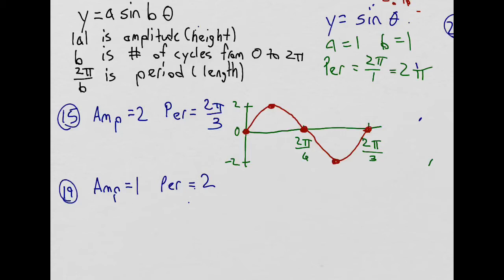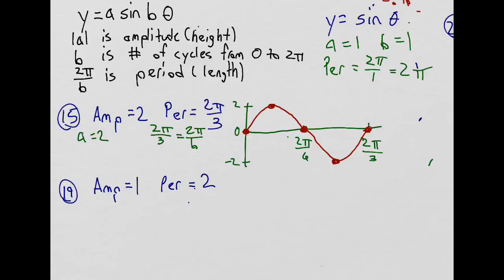Oh, I was also writing an equation. All right, I drew it, but let's write an equation. So on this one, amplitude is 2. That means A is 2. Period is 2 pi over 3. Well, remember that the period is always equal to 2 pi over b, so 2 pi over 3 is going to be equal to 2 pi over b.